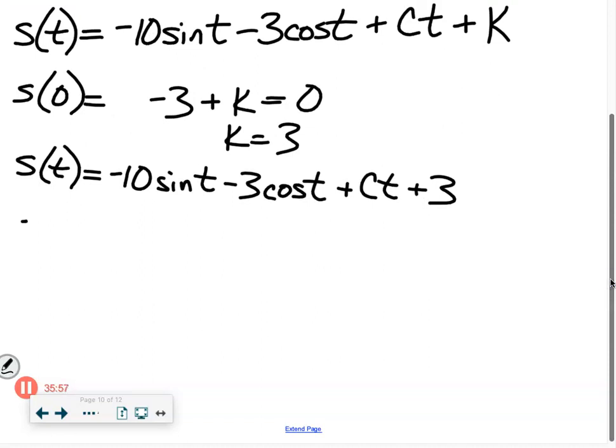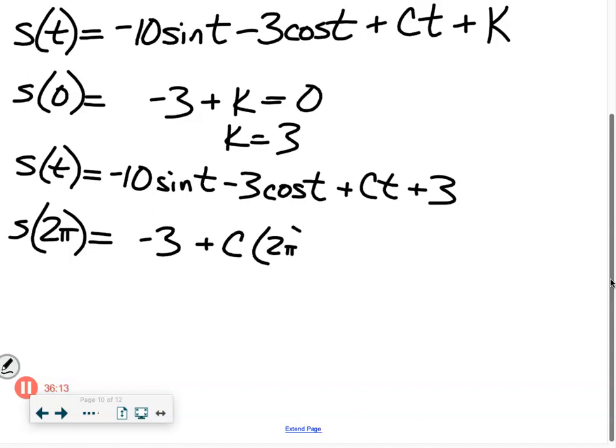So s of 2 pi equals, so what's the sine of 2 pi? 0. What's the cosine of 2 pi? 1. So you end up with negative 3 plus c times 2 pi, or 2 pi c, plus 3 equals 12.